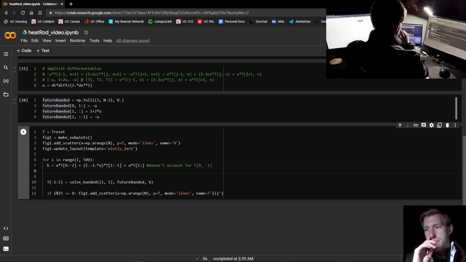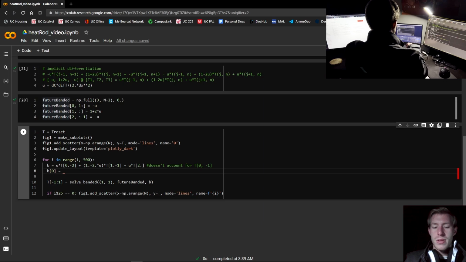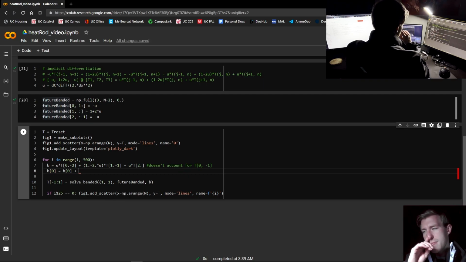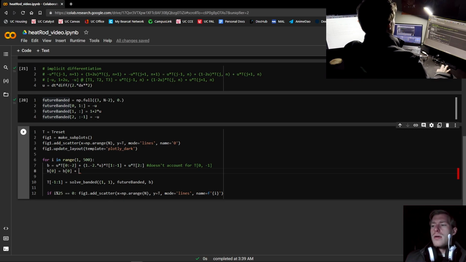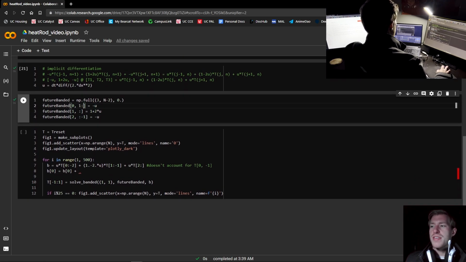So what we're going to do is b at 0 is going to be equal to b at 0 plus, and remember, we're going to add in, for the same reason that our future banded arrays are missing these certain areas in here.